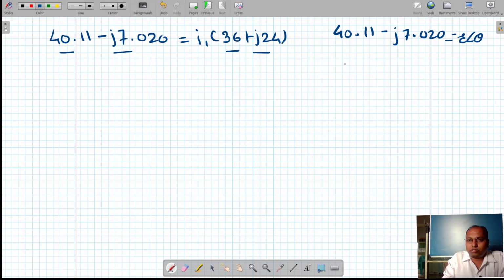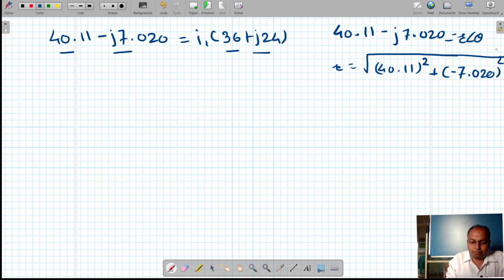Let us calculate by means of the formula: 40.11 squared plus minus 7.020 squared, under root of this. This value, r, is coming as 40.7196.